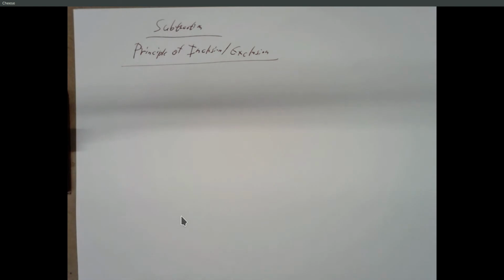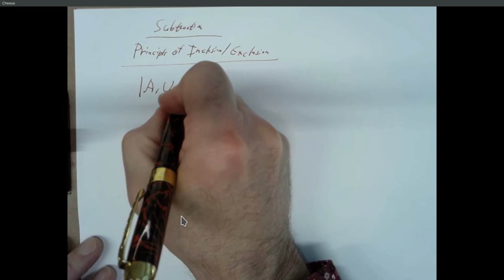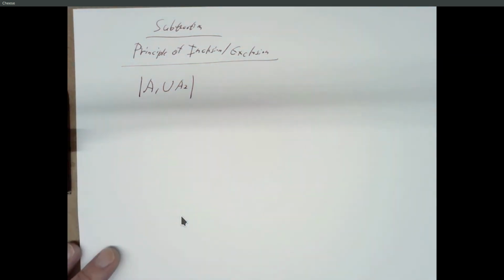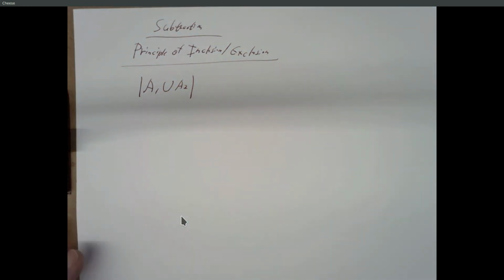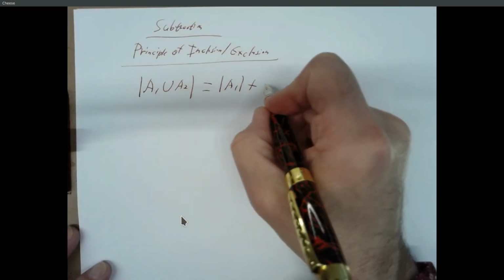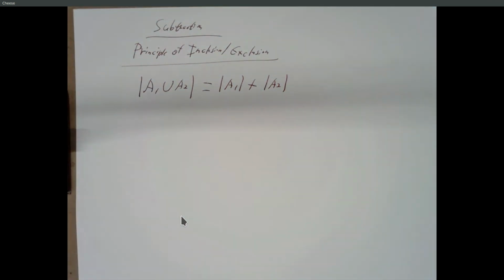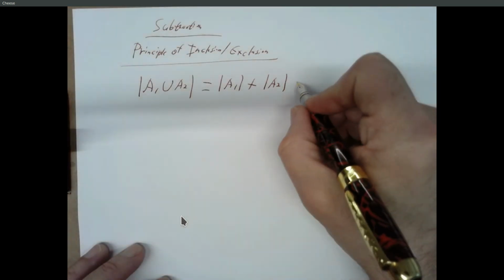And we can express this principle in set theory as follows. The number of elements in A1 union A2 is the number of elements in A1 plus the number of elements in A2 minus the number of elements that overlap.